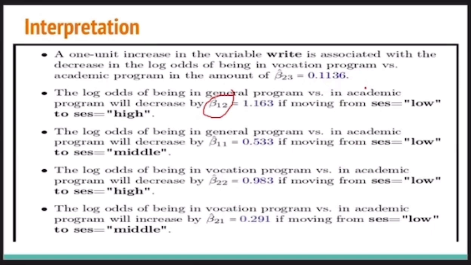Does that make sense? Now, take a look at the second one. If you want to interpret all of that, you're always going to say you are moving from low to that, moving from what you reference to what you're talking about. Look at it. The log odds of being in the vocation program versus in academic will decrease by that if moving from SES low to SES high.